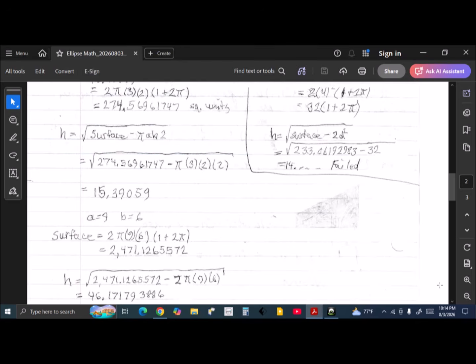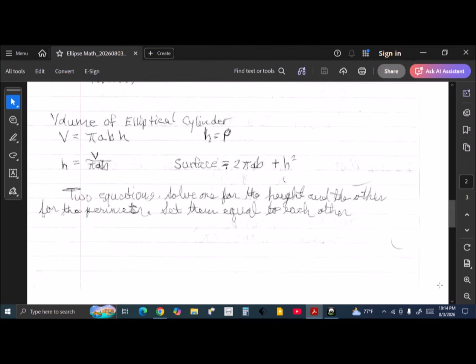So once again, it was really close. Then I thought, well, maybe I can develop that, find another way to find h that didn't even involve the perimeter of an ellipse, but has all known factors.